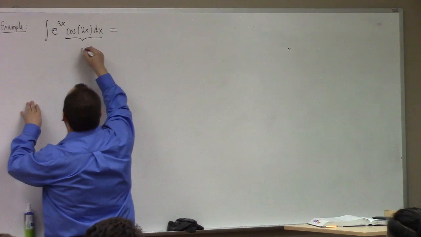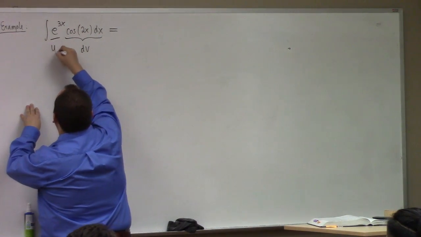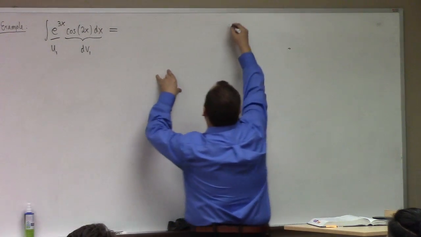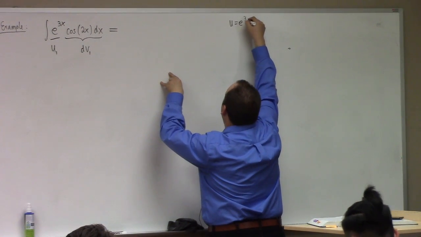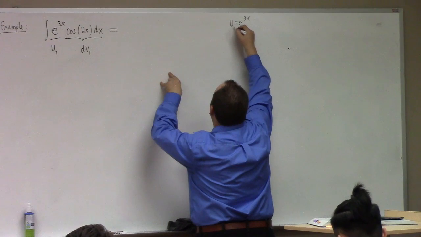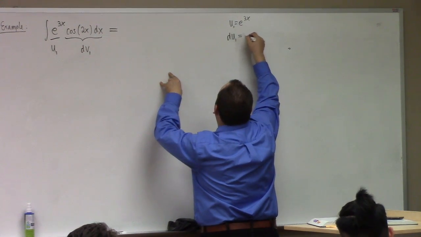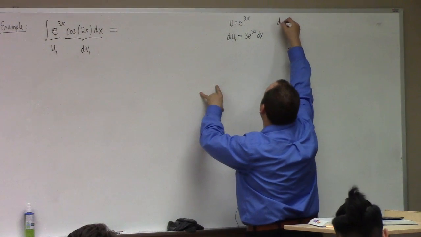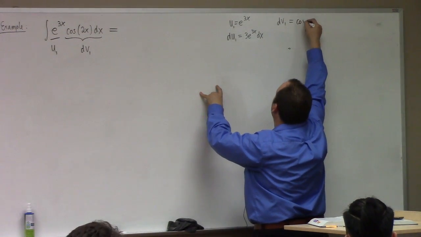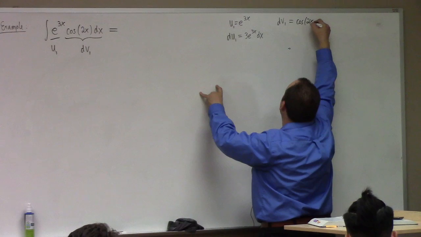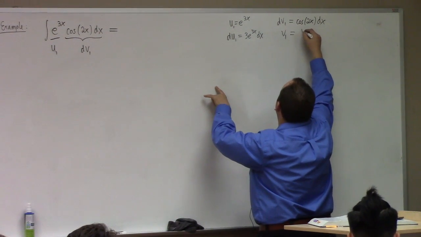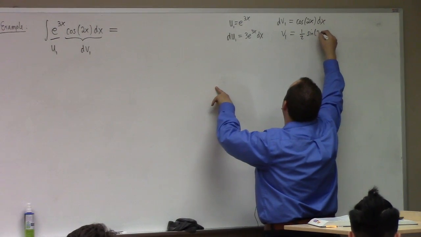So let's say if we make this my dv, and this my u, let me say 1 and 1. So u1 equals e to the 3x. Then du1 is 3 e to the 3x dx, right? And my dv1 being cosine of 2x dx, that makes v1 equal to 1/2 sine of 2x.